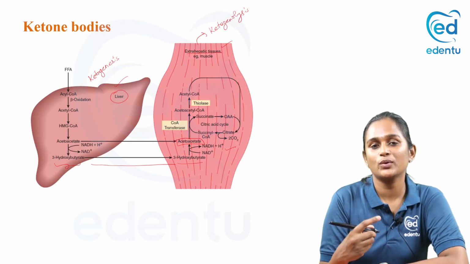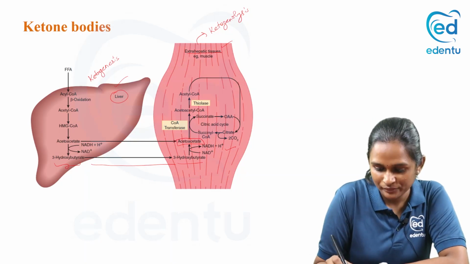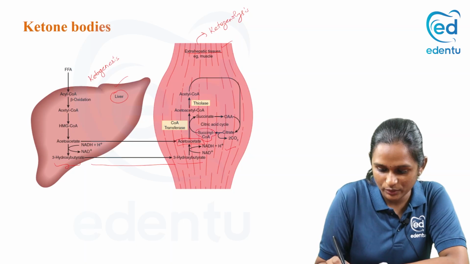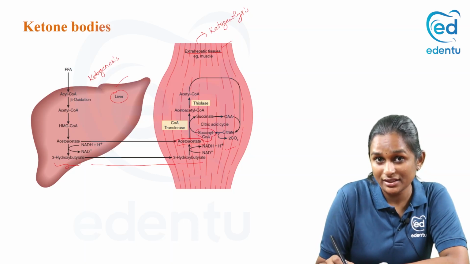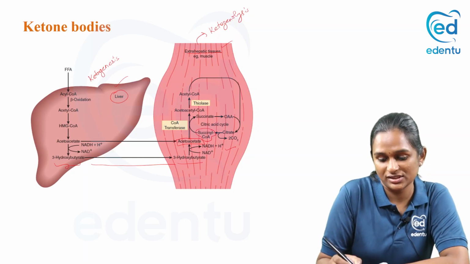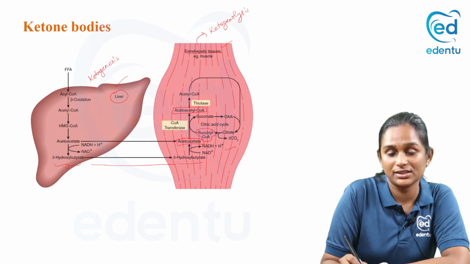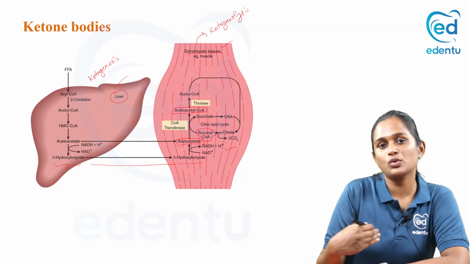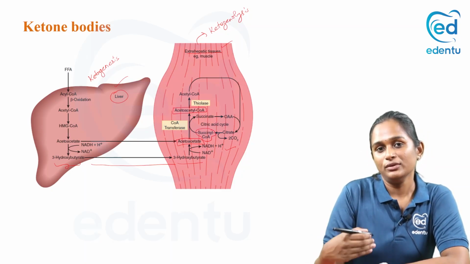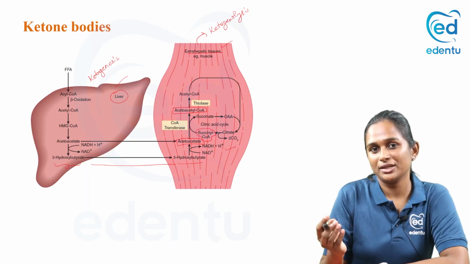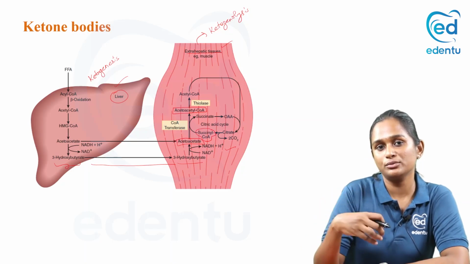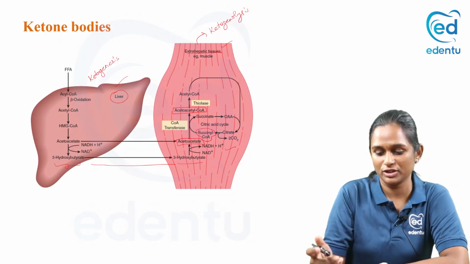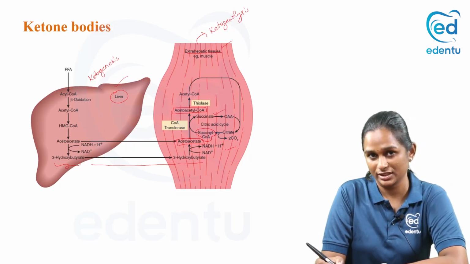Acetoacetate succinyl CoA transferase. If you see here, from succinyl CoA, the coenzyme A is getting transferred to acetoacetate to form acetoacetyl CoA. So this enzyme will transfer coenzyme A from succinyl CoA to acetoacetate, resulting in the formation of succinate and acetoacetyl CoA.